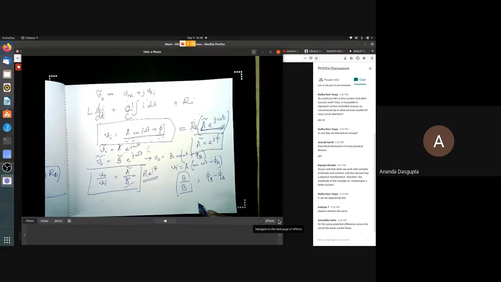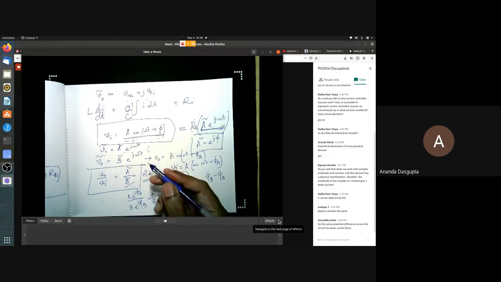Okay. However, you can see that A tilde is A e to the i phi A, B tilde is B e to the i phi B. Okay, I wrote the whole thing wrong.